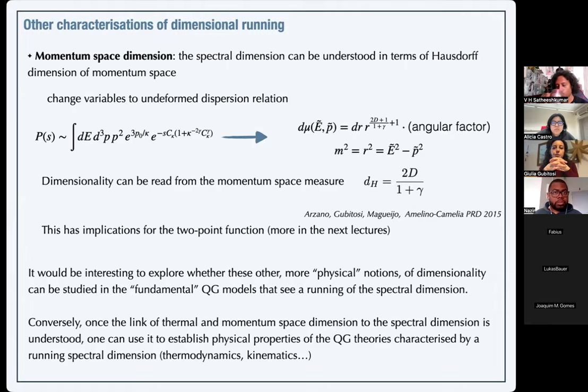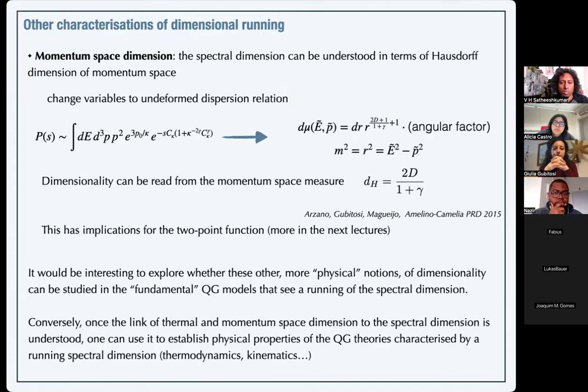So here, what we have seen is that we have this running of spectral dimension, then we can link it, at least in some cases, to an effective deformation, say, of the properties of the momentum space of the theory. But then once we have a deformation of the momentum space of the theory, then there are a number of things that we know that can happen phenomenologically. So we can wonder whether we should expect these things from any quantum gravity model that is showing that kind of running in the spectral dimension, okay?